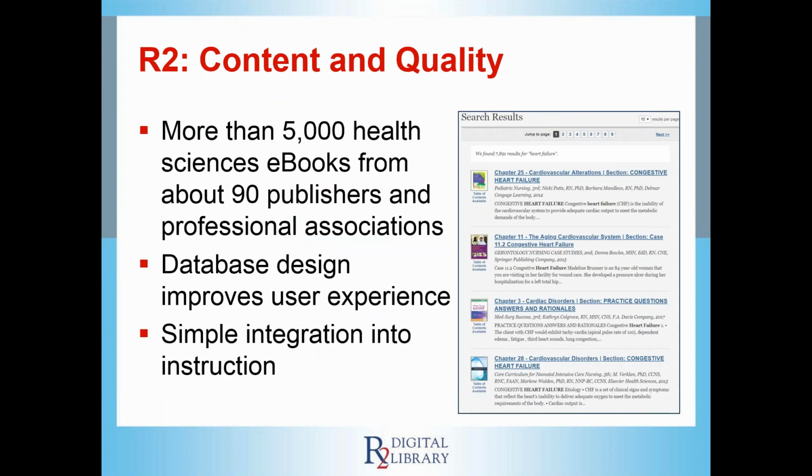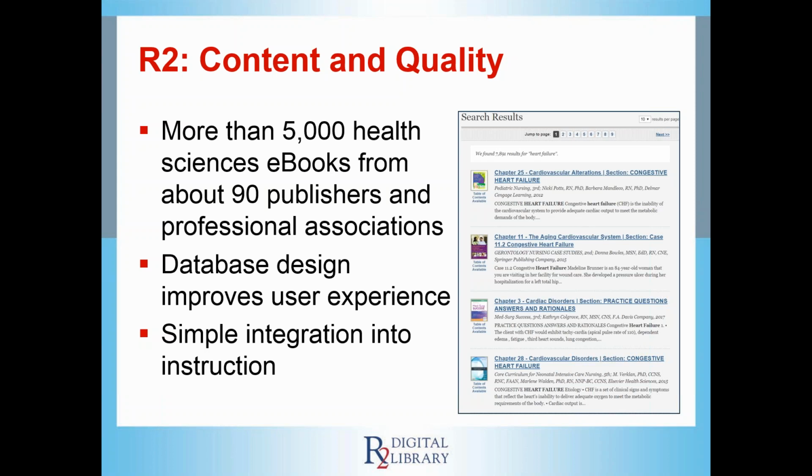And going back to R2, in terms of what R2 can offer from a content perspective, there are more than 5,000 health sciences ebooks on the platform from about 90 publishers and professional associations. Really all the publishers that you would expect to find on a health sciences ebook platform you're going to find here. And you're also going to find a really extensive selection of association content from people like the American Nurses Association, the Oncology Nursing Society, Sigma Theta Tau International, and a lot of other specialized nursing associations and many others.